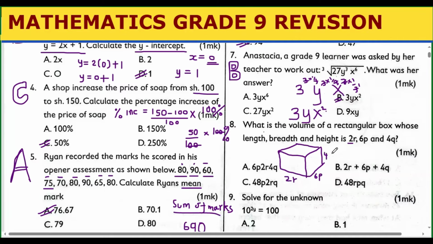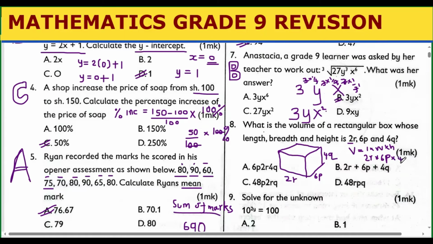Now, what is volume? If this one is a rectangular box, you say volume equals length times width times height. The length is 2R, times the width, which is 6P, times the height, which is 4Q.